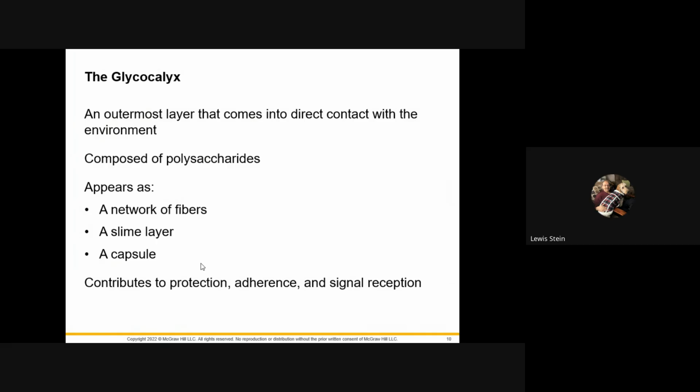And you saw the little tiny dots in there, bacteria. Yeast do that too. Yeast, which is a eukaryotic cell, have a capsule. So just yeast, the yeast that you're using for bakers or brewers yeast. So all of that's definitely relevant. Protection, adherence, and signal reception, all part of it.